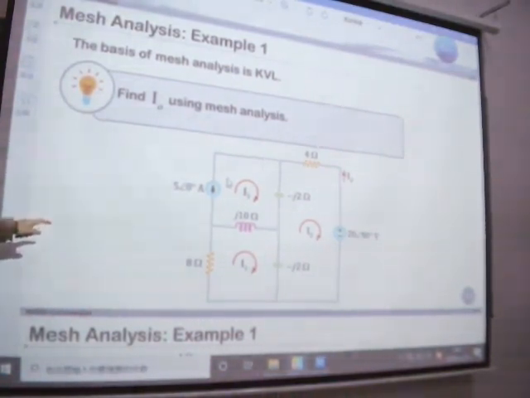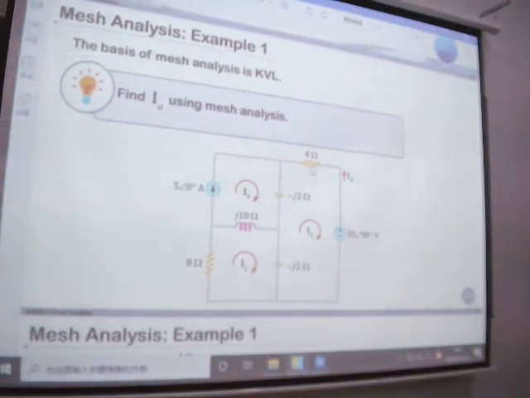We just need to know the value of V, and then we calculate it. Clear? Because now we have 1, 2, 3, 4 unknowns, but we just have 3 equations.